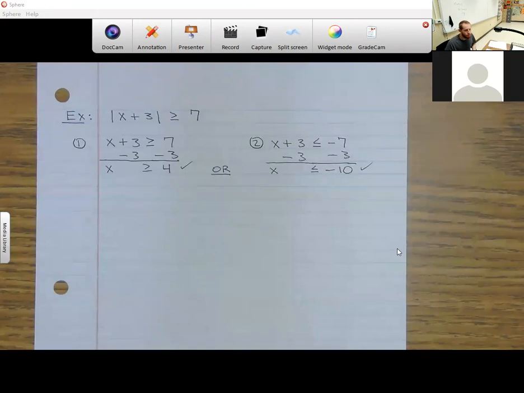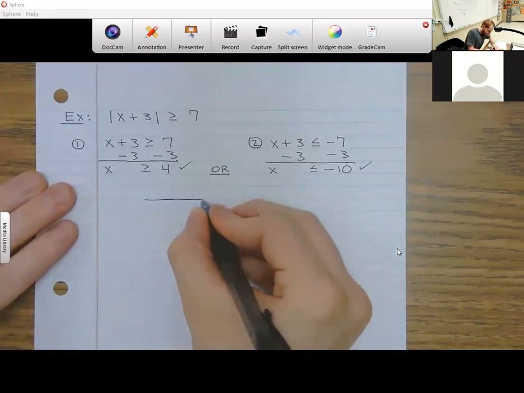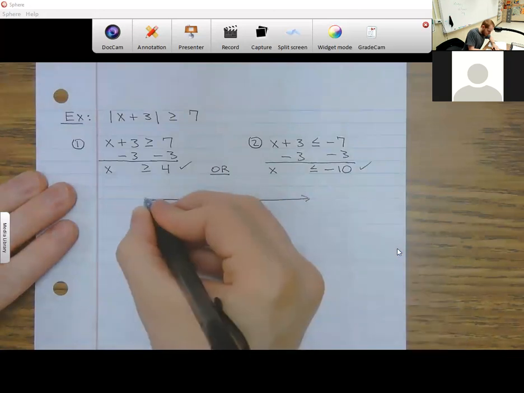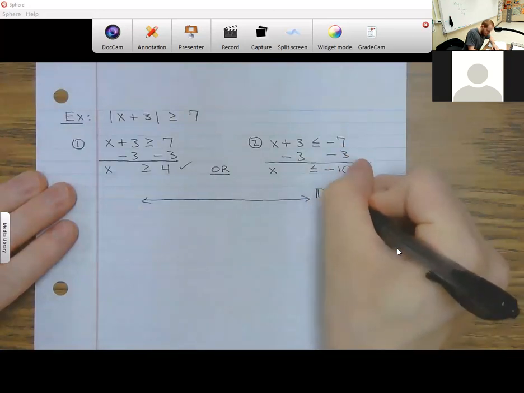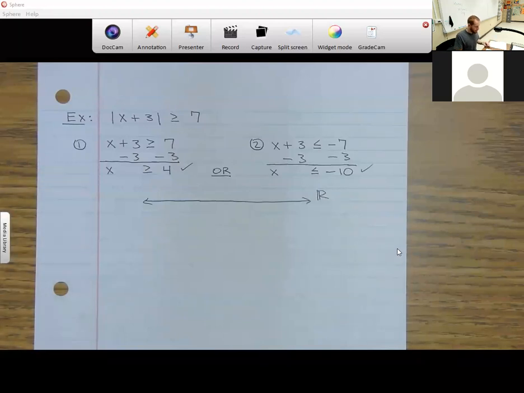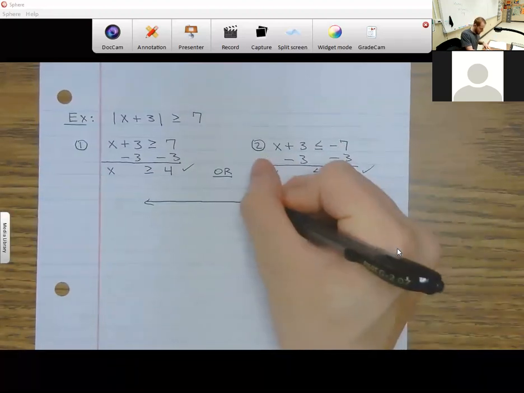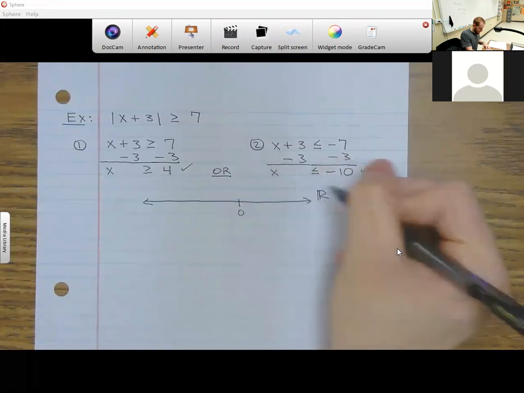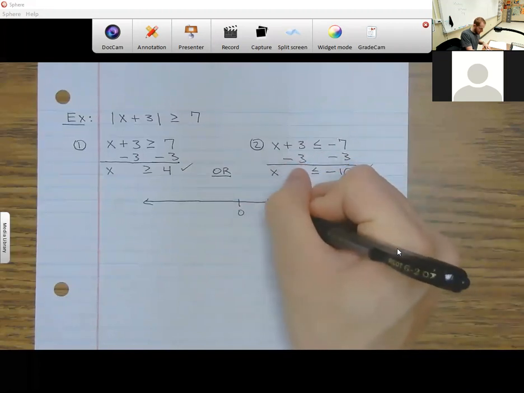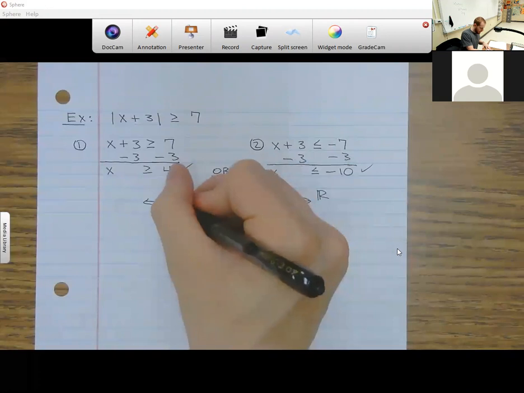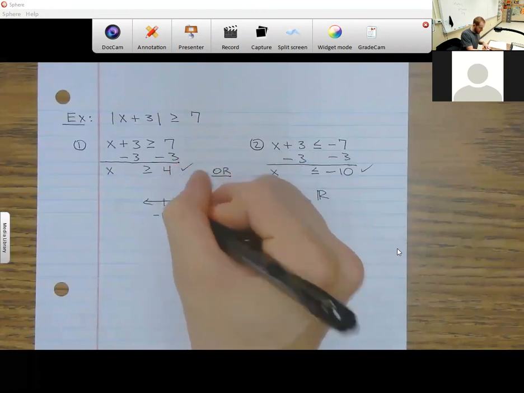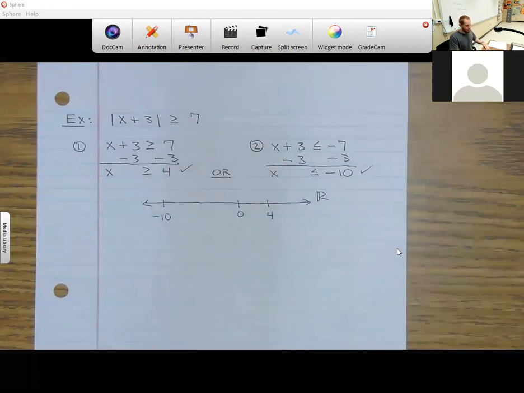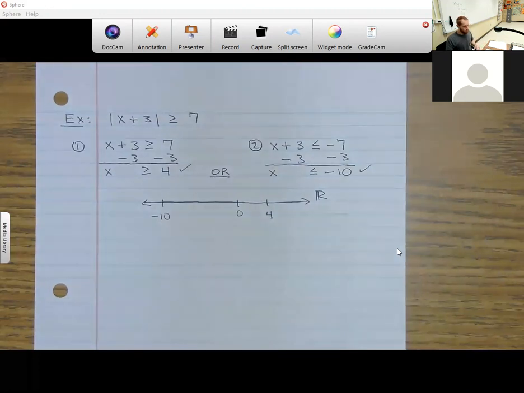So let's see what that looks like on a number line. Draw my number line. I got my capital R over here. And I put the 0 kind of over here. I put my 4 down. And then the -10 can go over here. Okay. So now I've got my number line, and I'm ready to put my dots down.